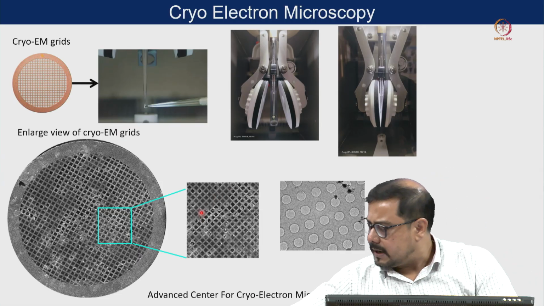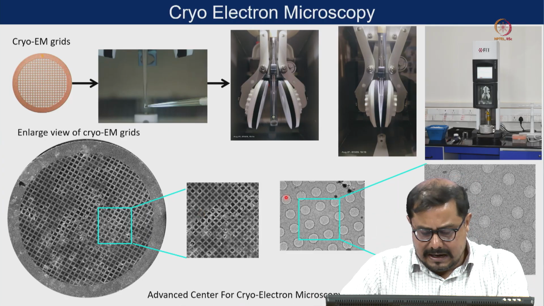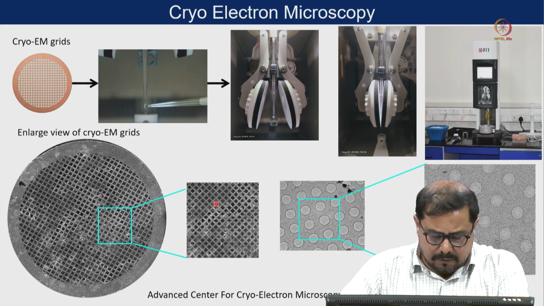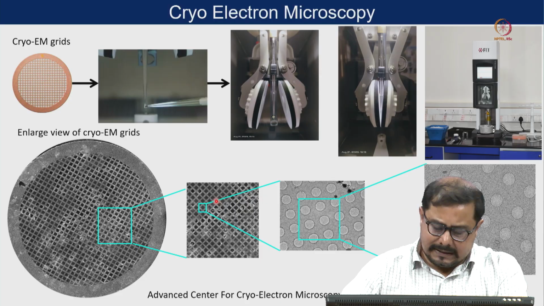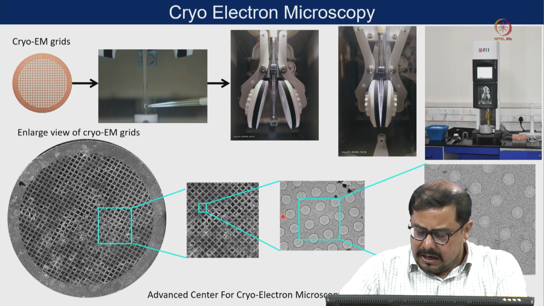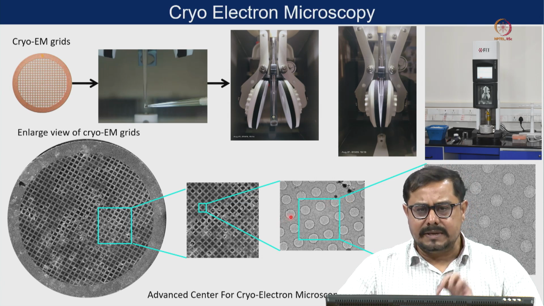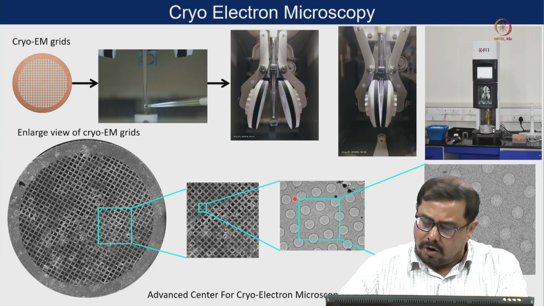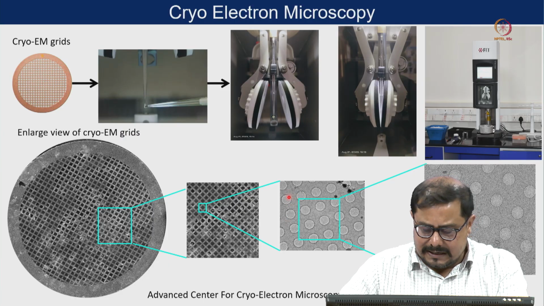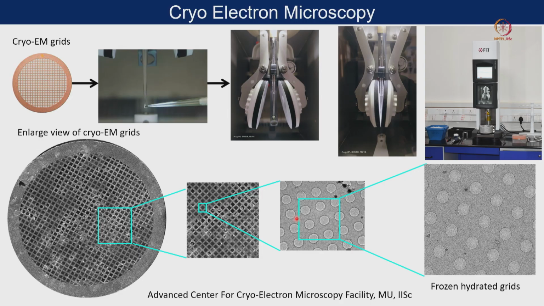Now if you pay attention to one small square here and go inside, there are uniformly sized holes. Uniformly sized holes means the diameter of each hole is fixed and the distance between the holes is also fixed. You can see that all these holes are uniformly distributed. This is the overall architecture of this grid at different magnifications.